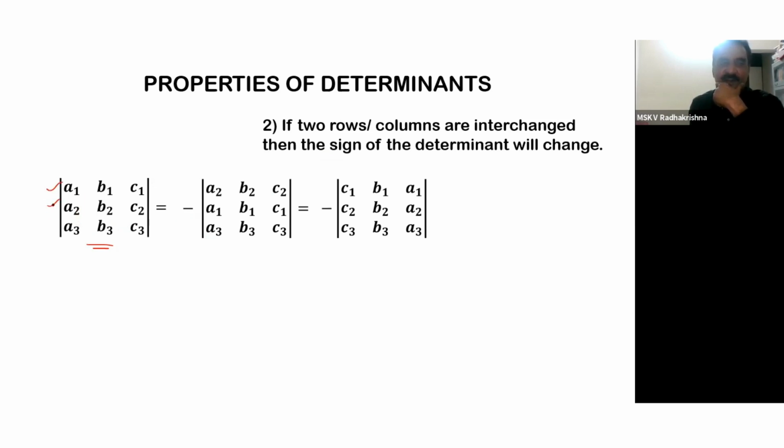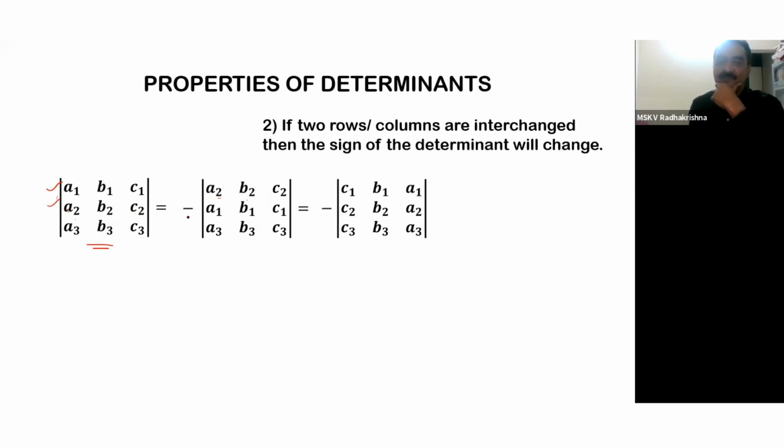R1 and R2 are interchanged. So R1 becomes R2, R2 becomes R1. Then the new determinant is A2, B2, C2, A1, B1, C1. Last row remains as it is. Then this determinant will have opposite sign. That's why we have to take minus to make it equal to this determinant. Okay. So whenever you interchange two rows, you have to take minus sign.